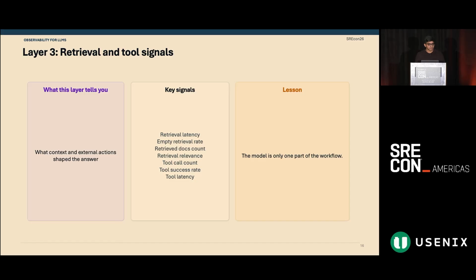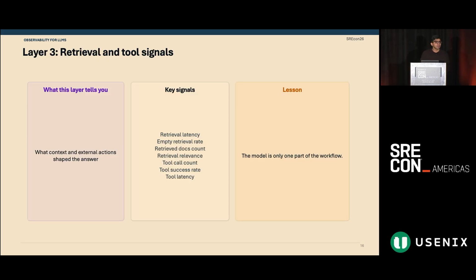The third layer is retrieval and tool signals. The key signals for this layer are retrieval latency, empty retrieval rate, retrieval doc count, tool success rate, tool latency, etc. So this gives us a picture that the model might not be the problem. It could be the retrieval flow that is the problem.